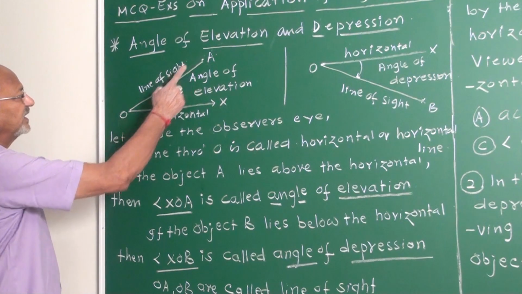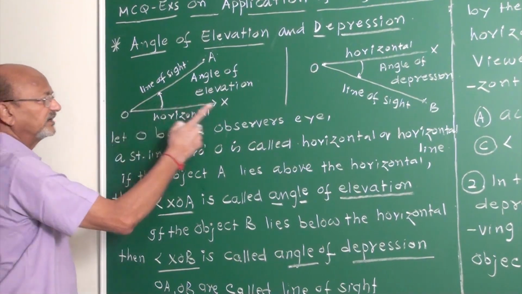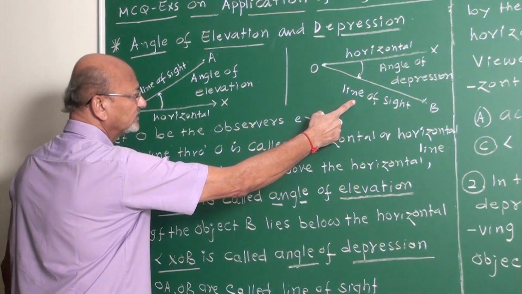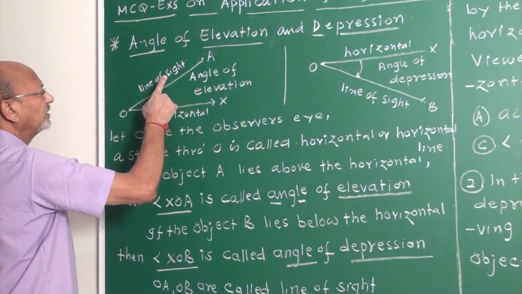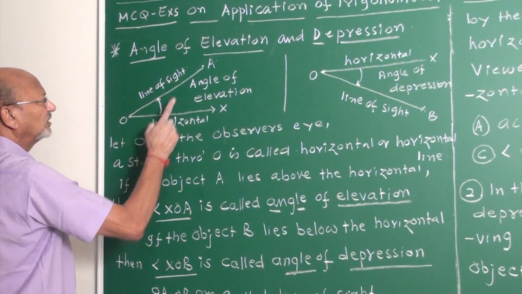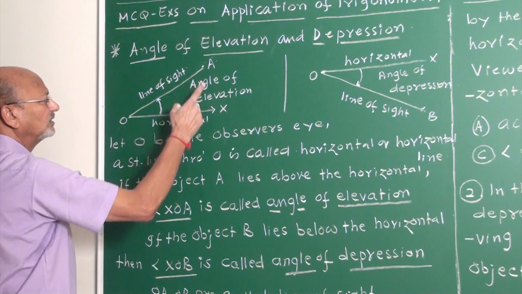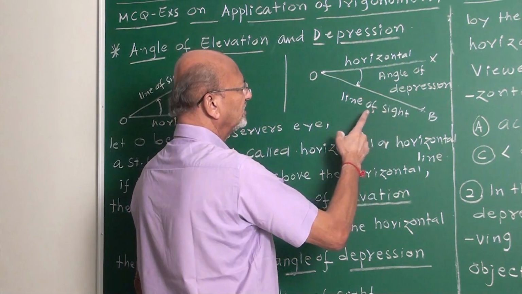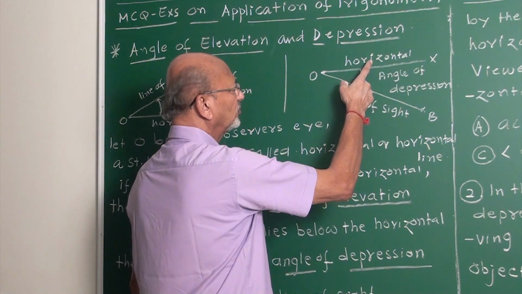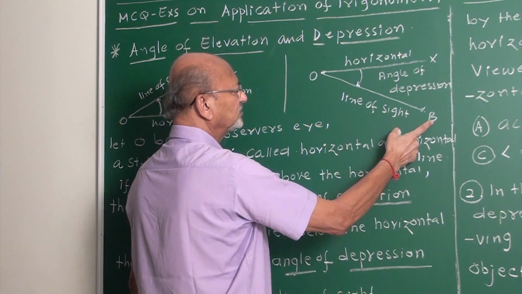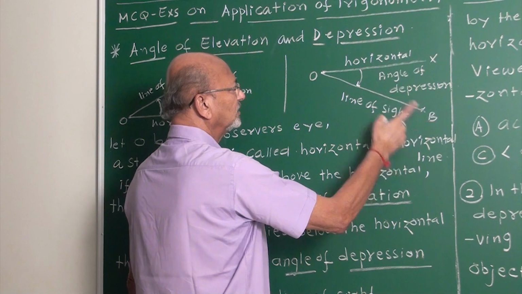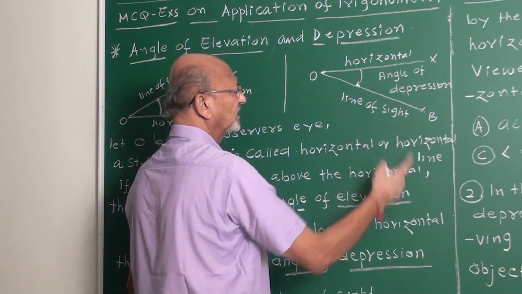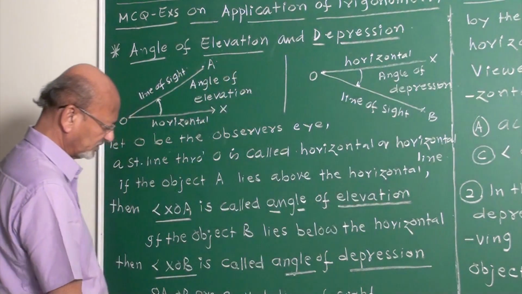Then, what is the name of this OA? Line of sight. What is this OB? Line of sight. Then, the angle made by the line of sight with the horizontal when the object is above is the angle of elevation. The angle made by the line of sight with the horizontal when the object is below the horizontal is the angle of depression, my friends.